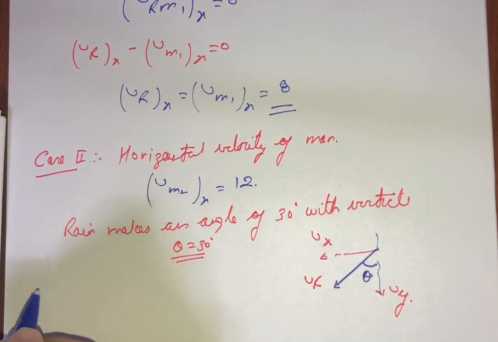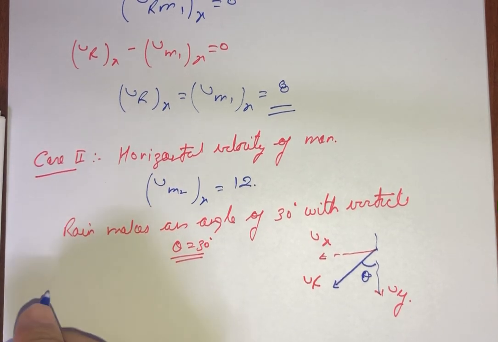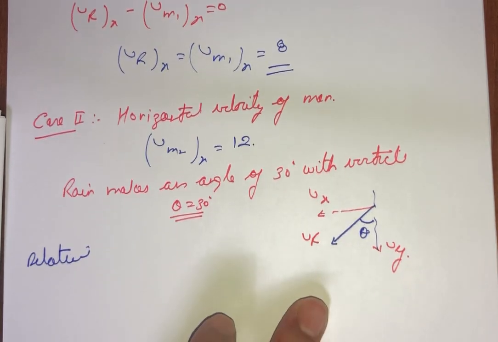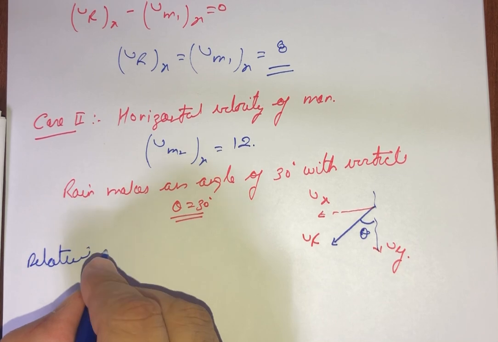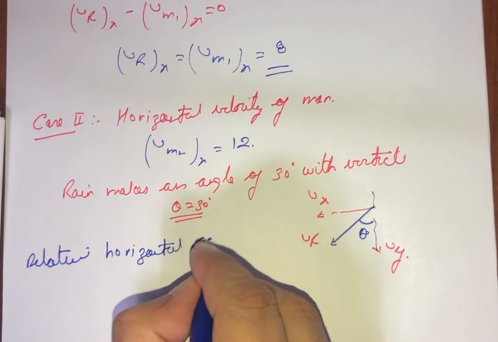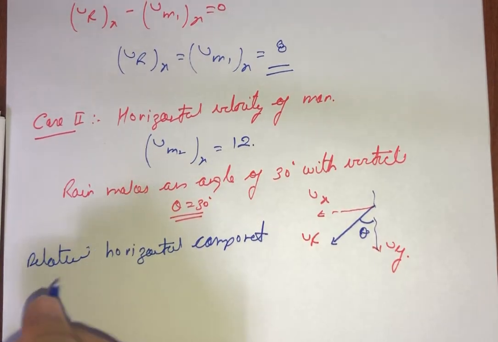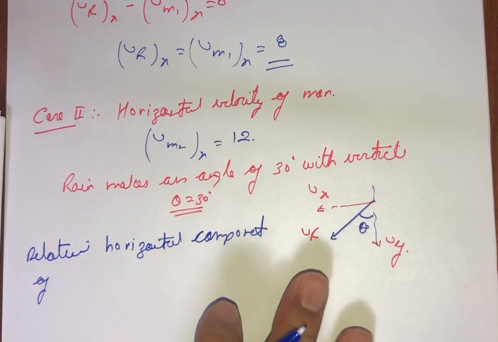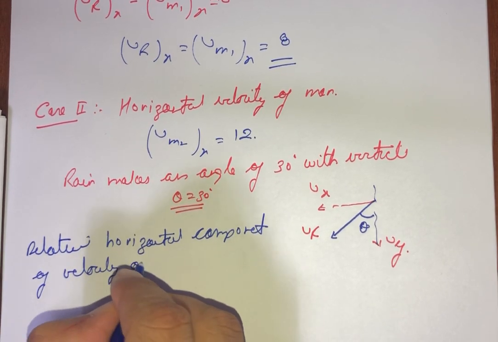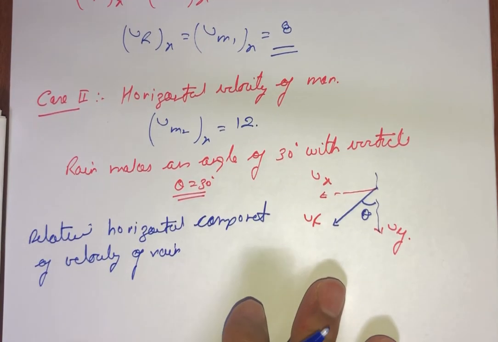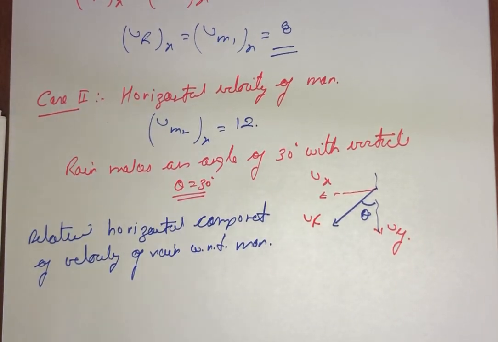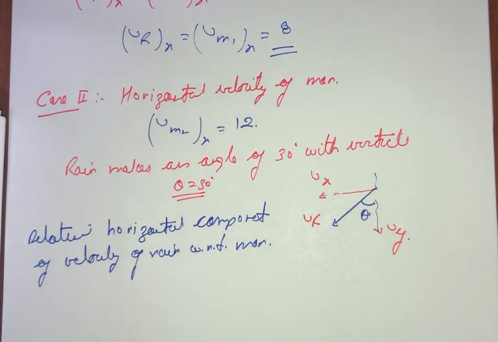So now we find out the relative horizontal component of velocity of rain with respect to man, same as we did in the first part.